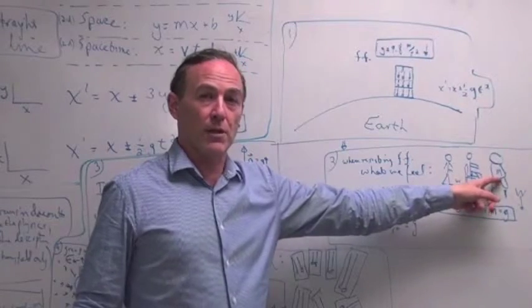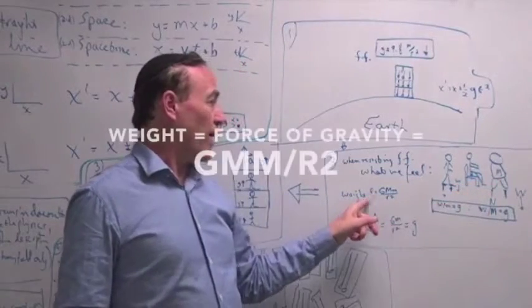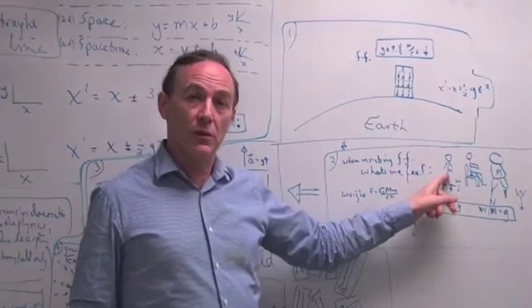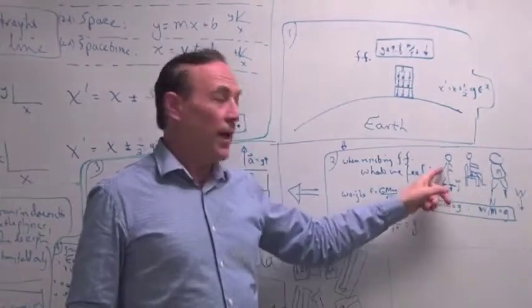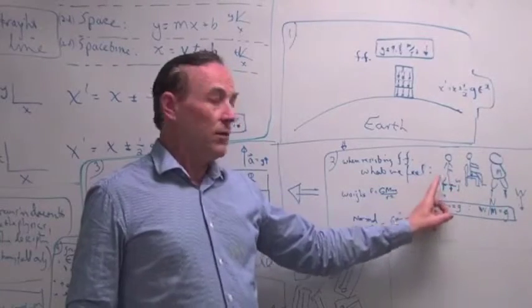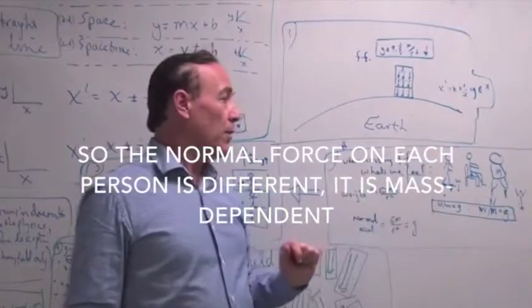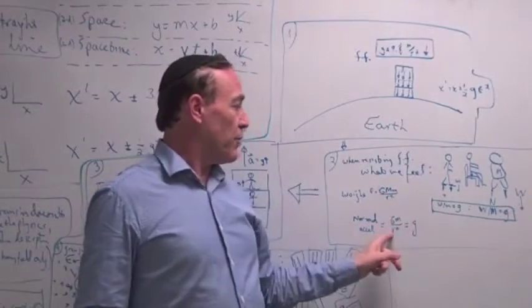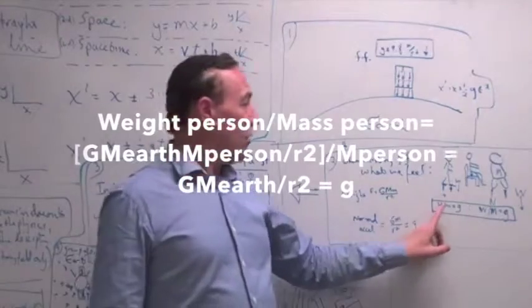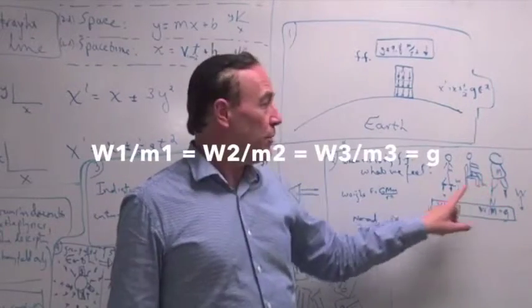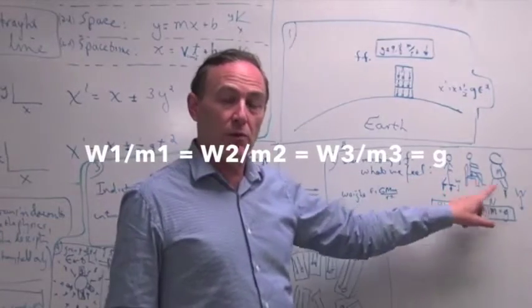The one with the large mass is going to feel a weight that is determined by its mass, and this one is going to feel a weight determined by its mass. And it's going to feel this normal force due to its weight. Now, if you divide by the mass, of course, you end up with g. So there is an equivalent accelerative push up that's exactly equal for all of them.